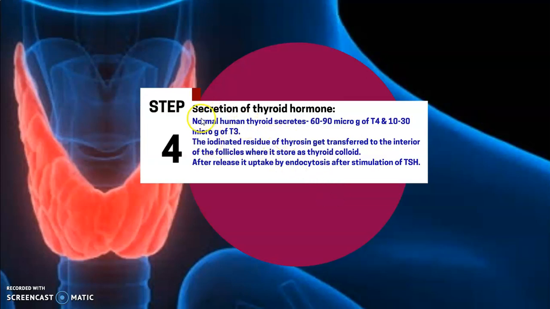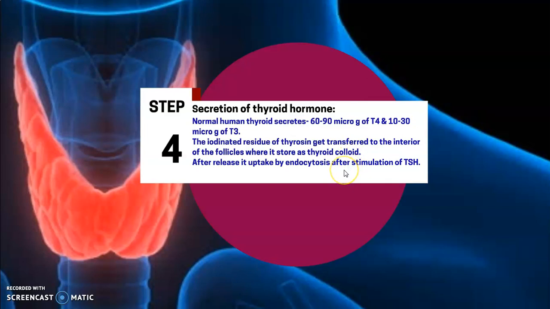The next step is secretion of thyroid hormone. The normal thyroid secretes 60 to 90 microgram of T4 and 10 to 30 microgram of T3. The iodinated residue of the tyrosine gets transferred into the interior of the follicle, where it is stored as thyroid colloid.